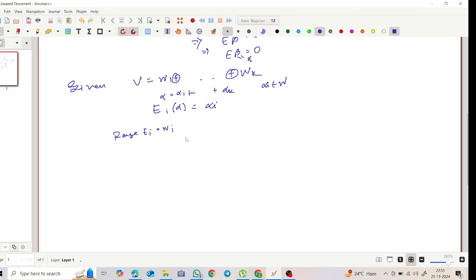And also you can see that alpha is E1 alpha up to Ek alpha, right? Because Ei alpha is nothing but alpha i. Thus you get I equals E1 up to Ek.